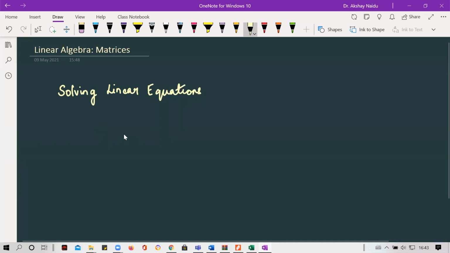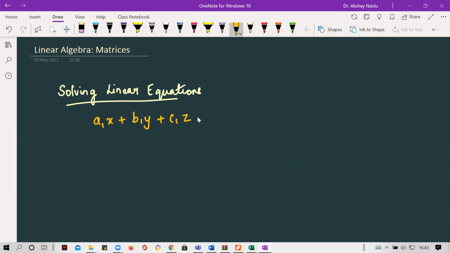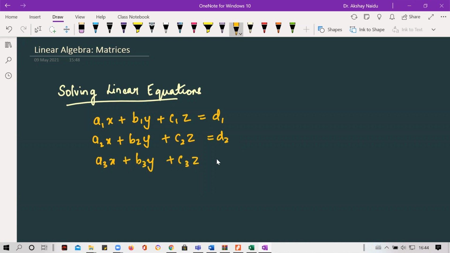All right, now linear equations, as we know, are of this type. Say, simply a1x plus b1y plus c1z is equal to d1, a2x plus b2y plus c2z is equal to d2, a3x plus b3y plus c3z is equal to d3.